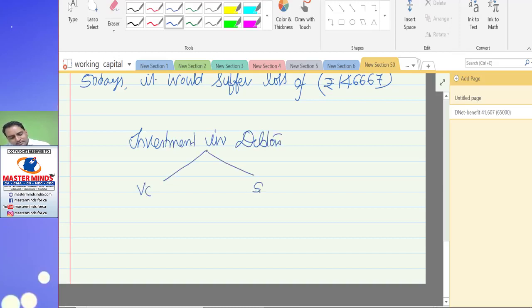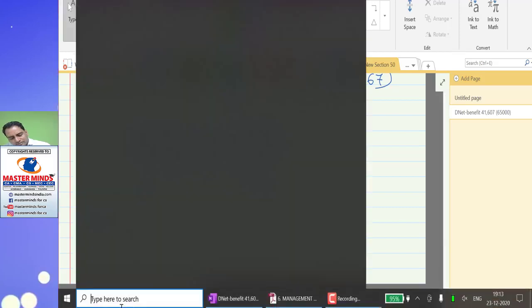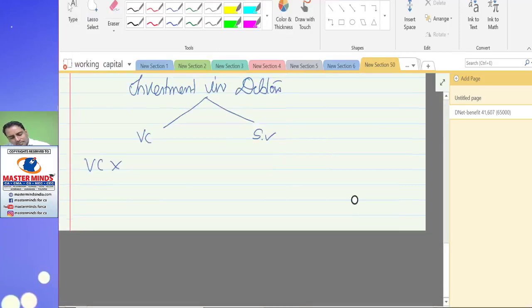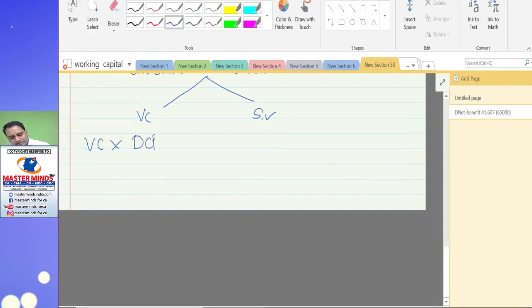Variable cost, sale value, variable cost into debtors collection period by days, either 360 or 365. In case of months, divided with 12. In case of weeks, divided with 52 weeks. Here, sale value into DCP by 360. This is common in both cases.